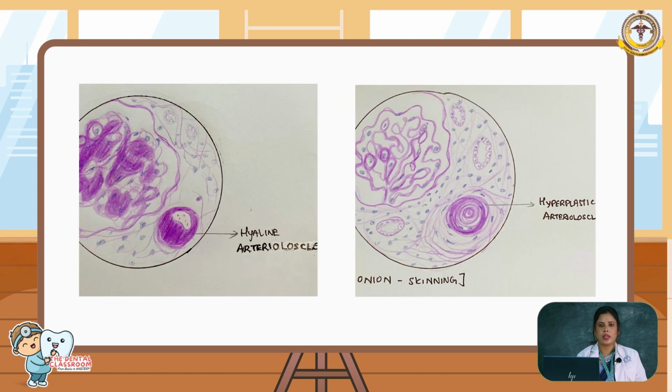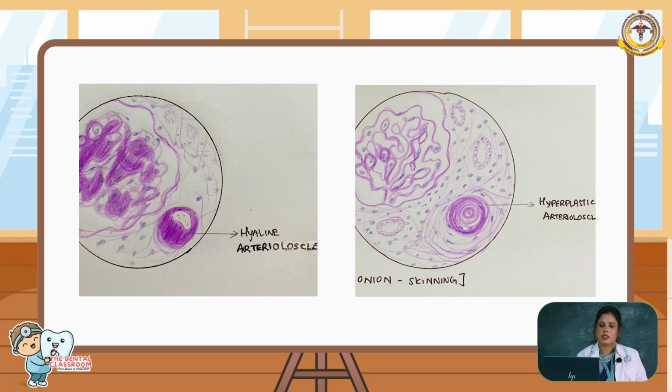I am going to show you an image which will show us the pathogenesis of hypertension in HPE. So the first image is a glomerulus along with arteriole. What you see here is the arteriole is showing homogeneous pink deposition in the lumen, which has caused almost complete narrowing of the vessel.